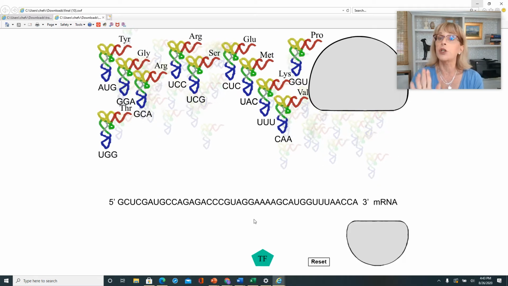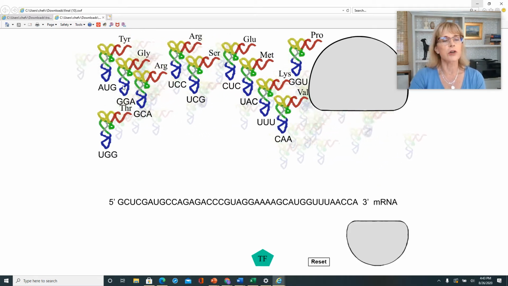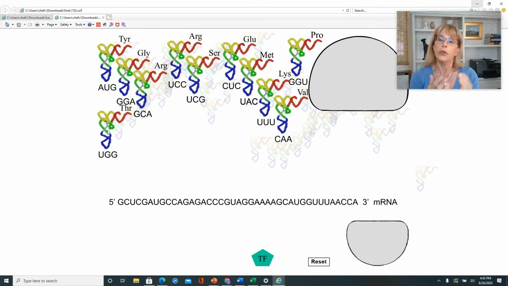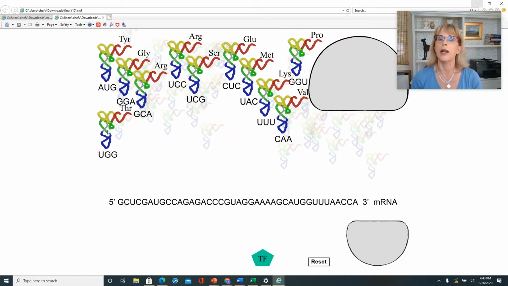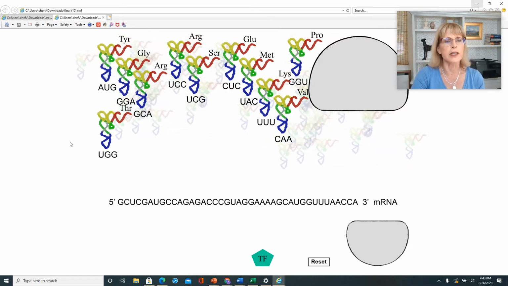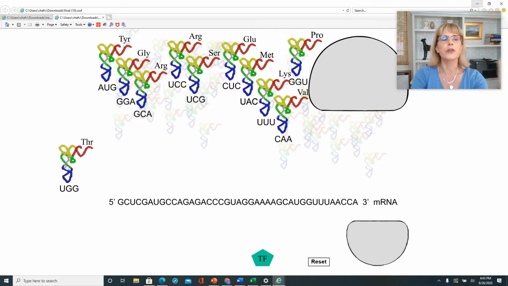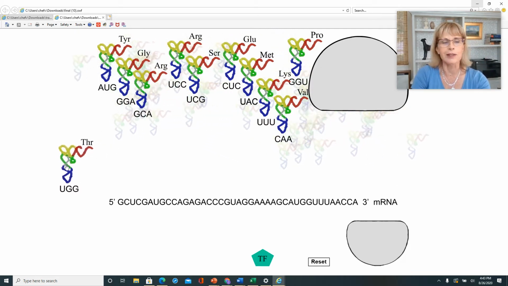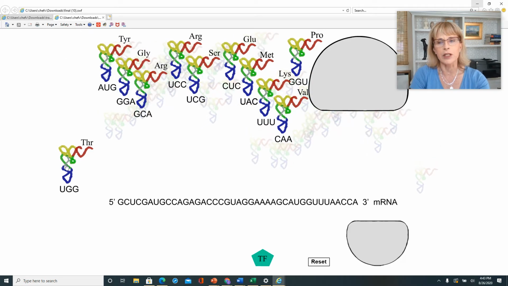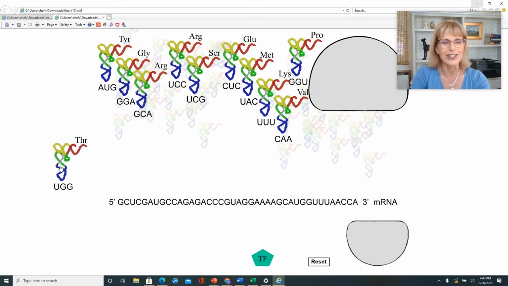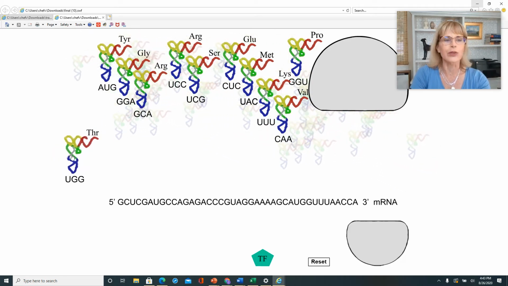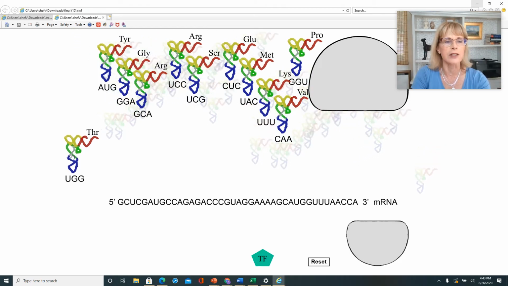Well, we don't have to know, because these guys here that look like little rainbow things, those are our transfer RNAs. I want you to notice that each transfer RNA is carrying a 3-letter amino acid. This one says capital T, lowercase h, lowercase r. That's threonine, and that's one of the amino acids.